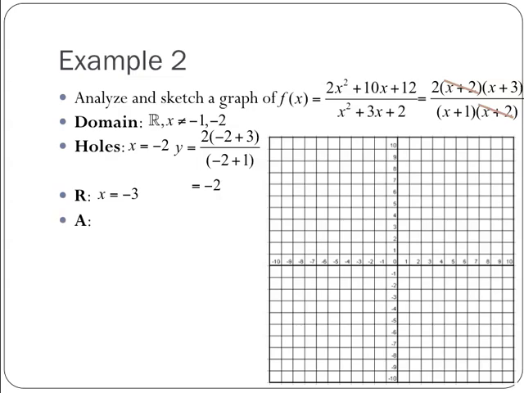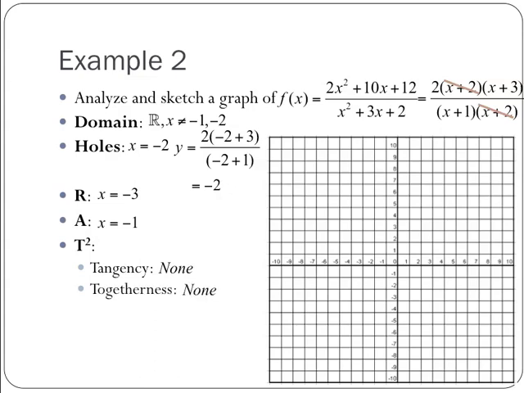For vertical asymptotes, we're looking in the denominator, and that looks like x equals -1 makes the denominator equal 0. For tangency, we're looking for anything with a multiplicity of 2. Doesn't look like we have any. And then for togetherness, we're looking in the denominator for anything with a multiplicity of 2, and it doesn't look like we have any.